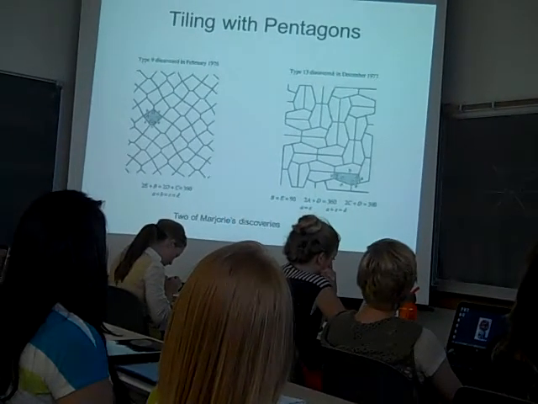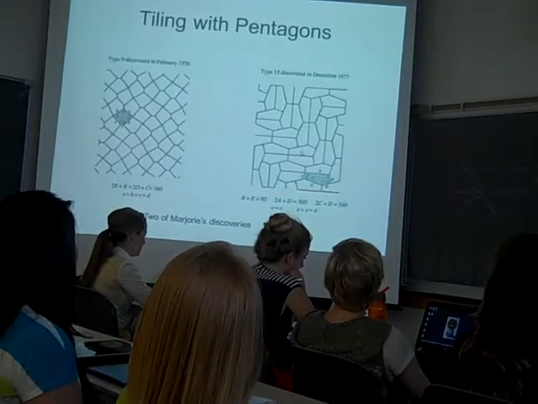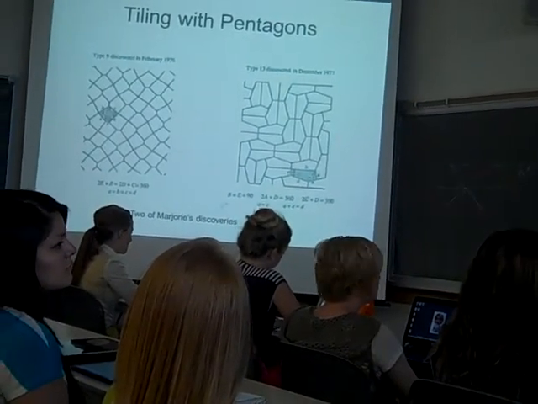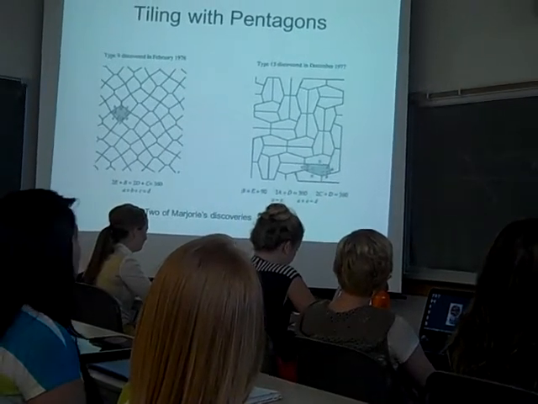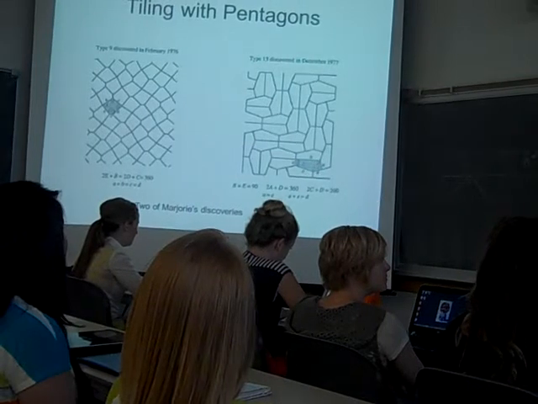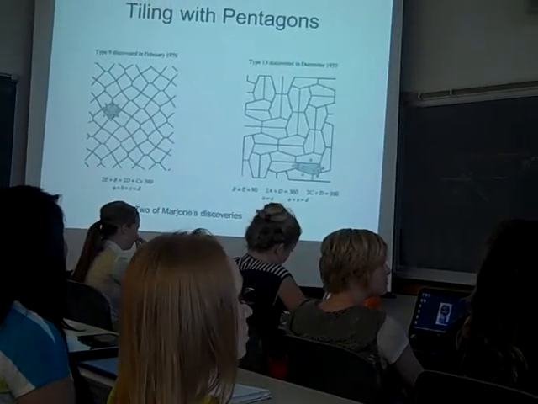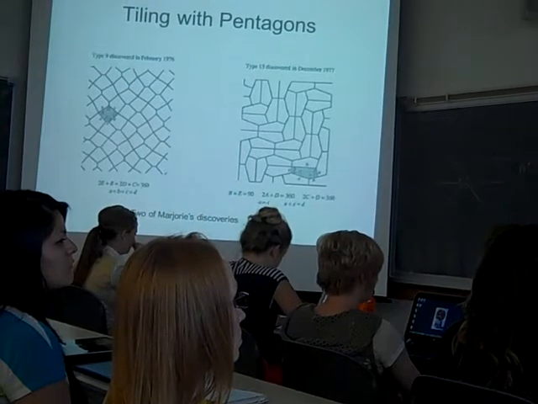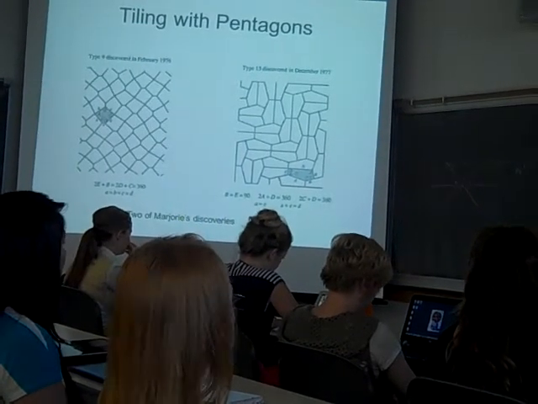If you're interested in learning more about what she did and how she did it, and how these designations down here determine the type, just Google Marjorie Rice tessellations, and you can get right to her website and see all of the types that she discovered. Great story.